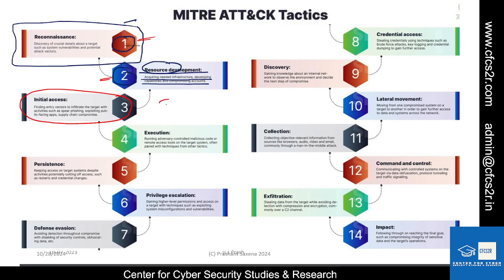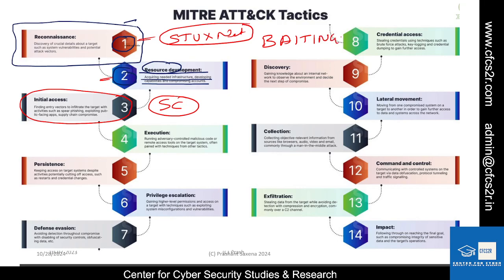He can also use the supply chain, injecting malware into certain hardware and then supplying that hardware to your office. If you remember Stuxnet, most people know about it. It was orchestrated using a technique called baiting, dropping a USB. So initial access can be done using any type of technique.